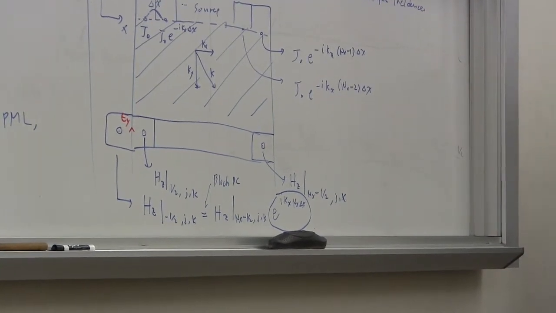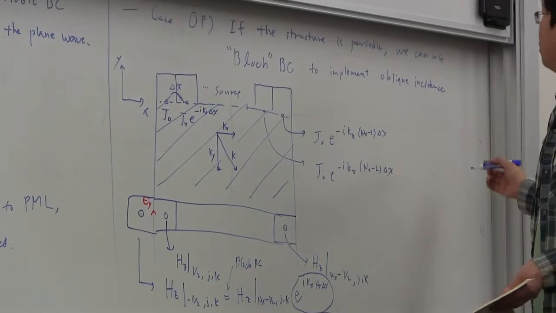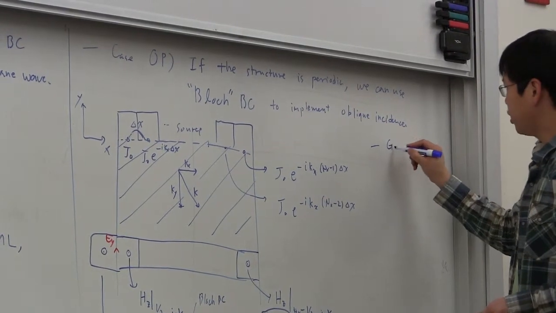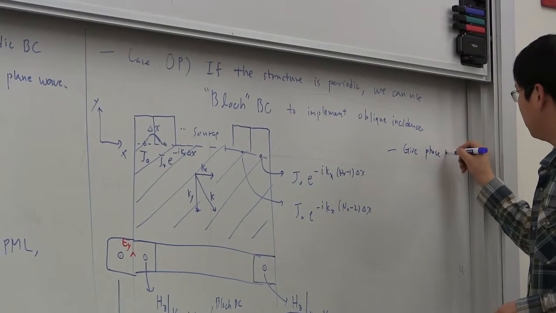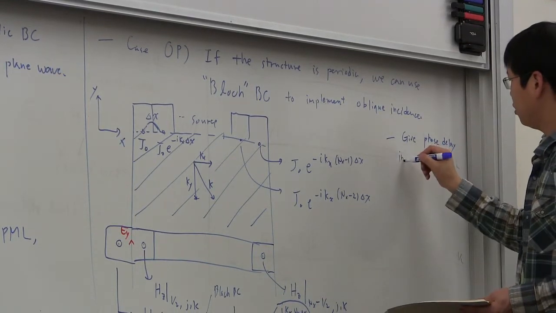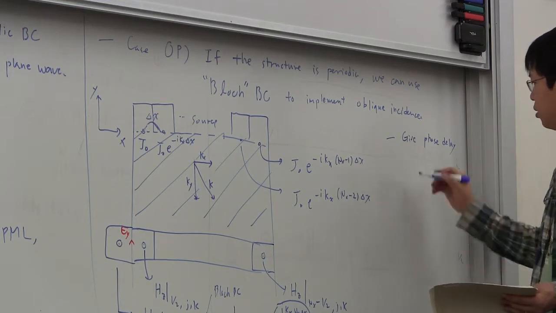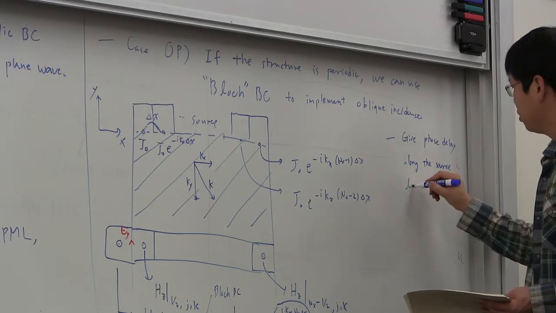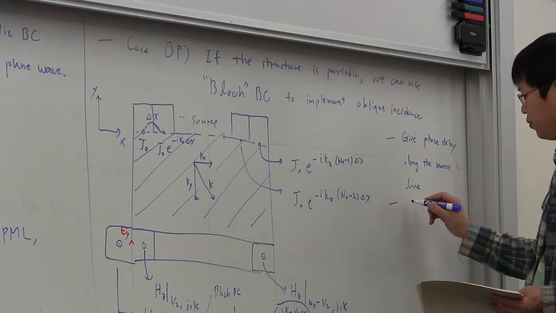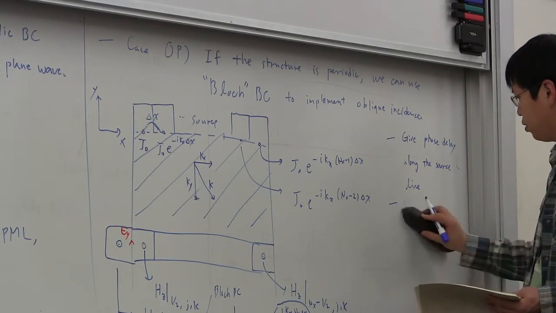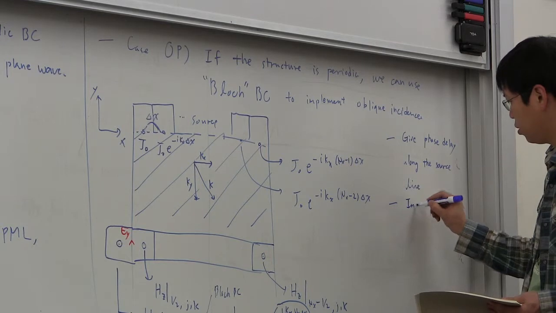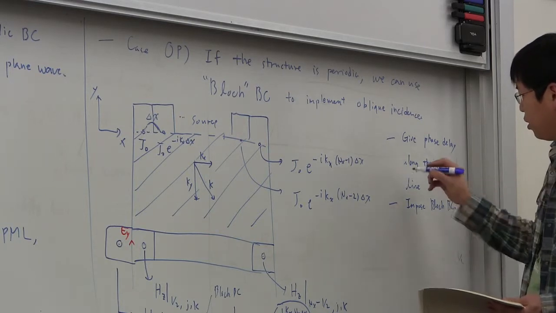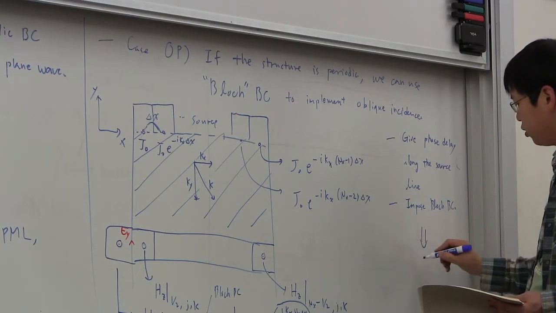So if you give the phase delay along the source line, then the Bloch boundary condition, then you get oblique incidence.